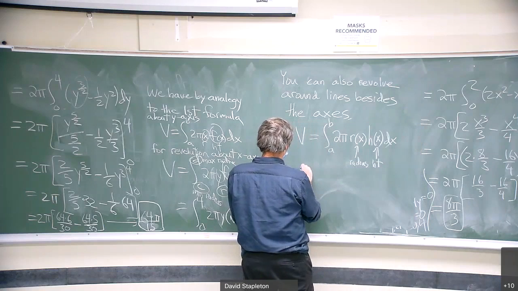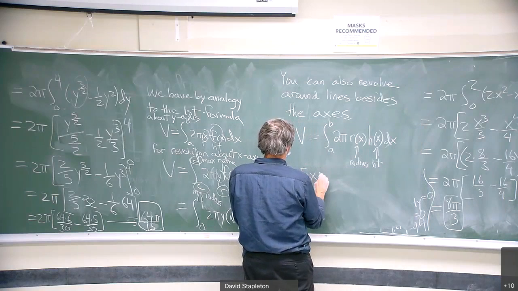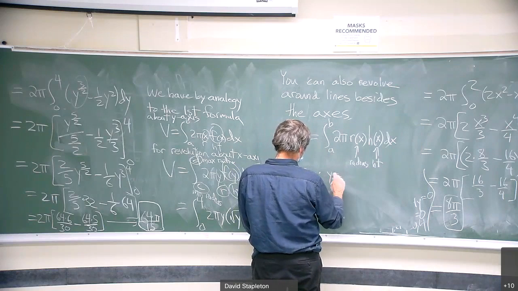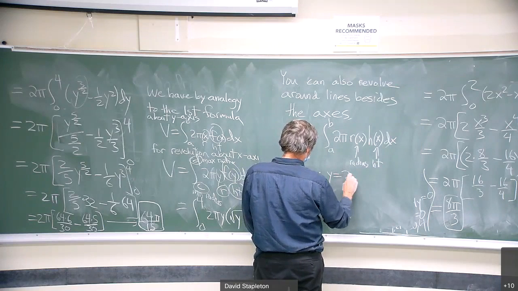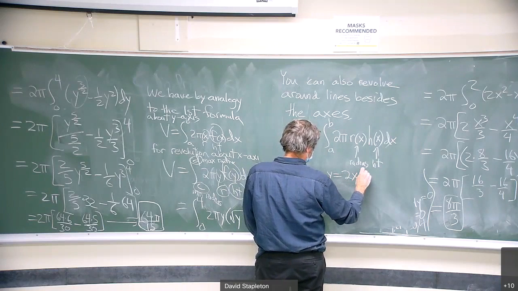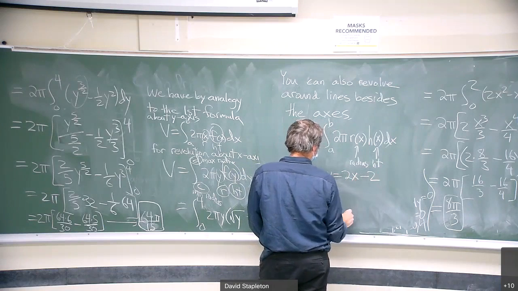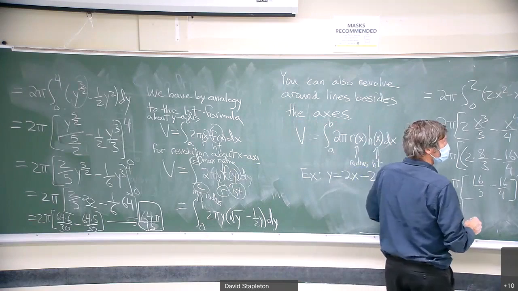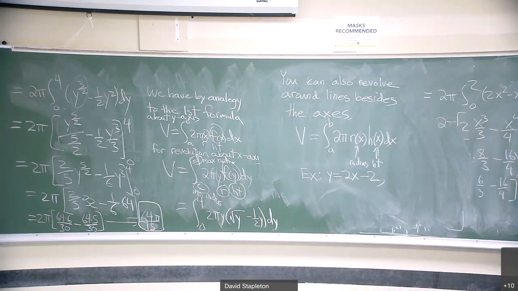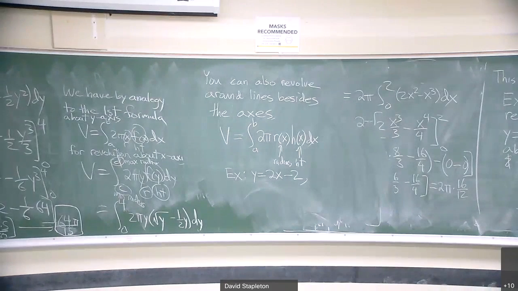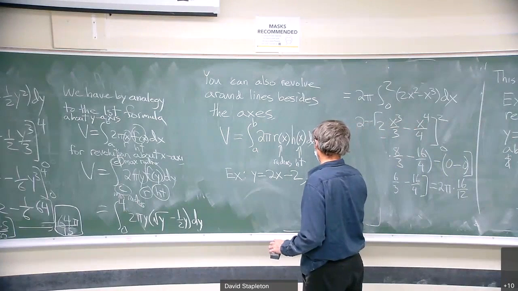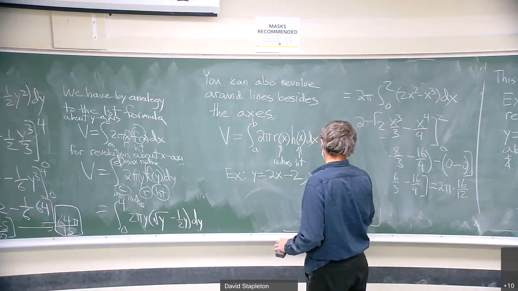For instance, if I take the curve y equals 2x minus 2, and the curve x equals 2, and the curve y equals 0.